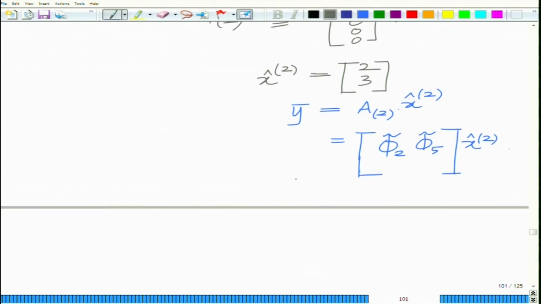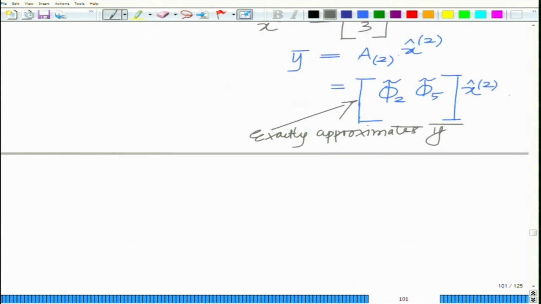So, this exactly approximates y bar, and therefore the residue is 0, no further iterations are needed.